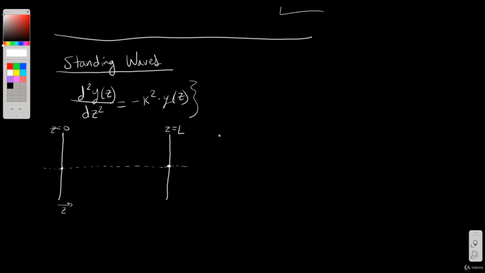So y of 0 has to be equal to 0. If your string is attached, it doesn't matter what waveform you have, it's fixed here, so it can't move. So y of 0 has to be equal to 0. y of L likewise has to be equal to 0.